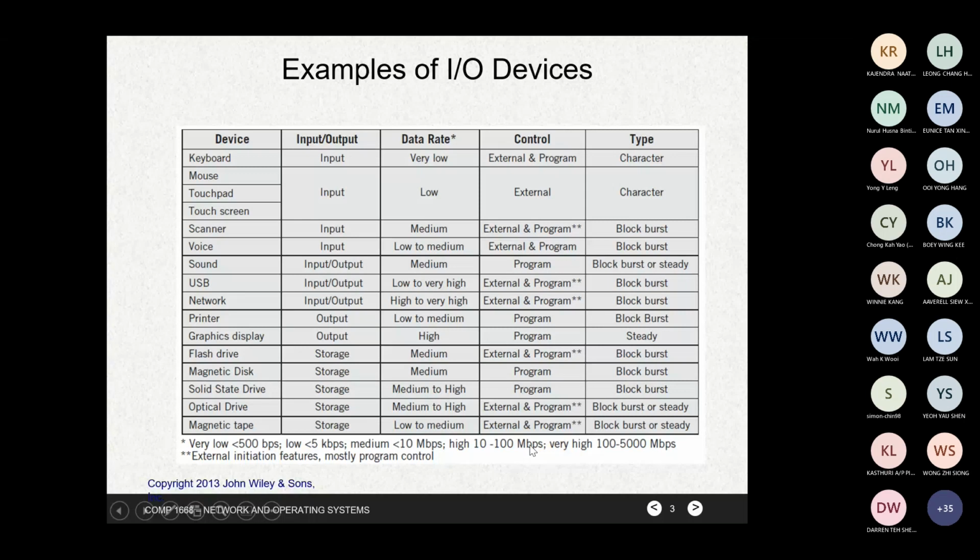Anything higher than that, for example gigabit speed, is called very high. And even higher than that, for example if we use fiber, is also considered very high speed. I just want to refresh you on the data rate, but that is not our main focus here. Our main focus here is I/O, input output.